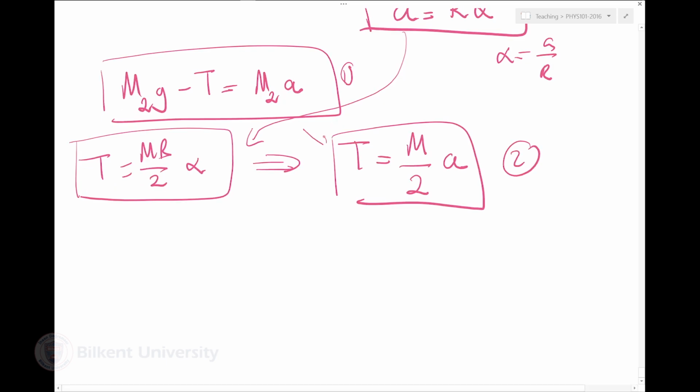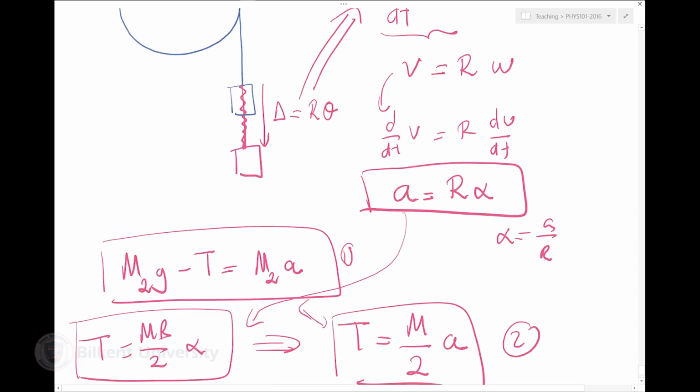Now I can combine these two equations. M2G minus M over 2A is M2A. I think that all of that is M1, right? I called that M1. So be careful with your indices.